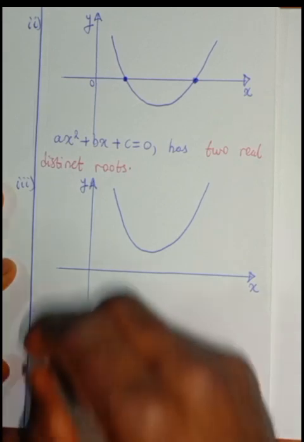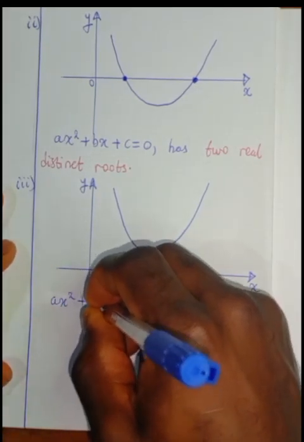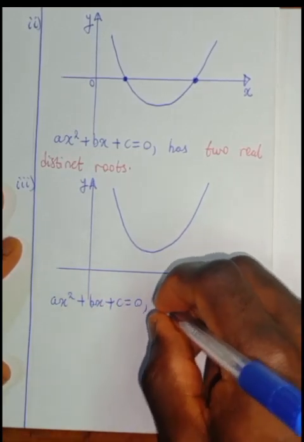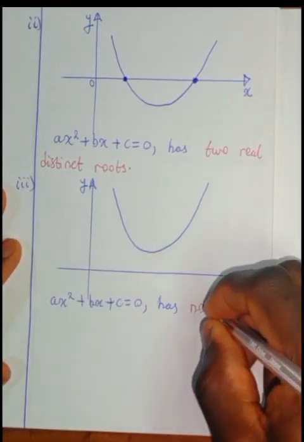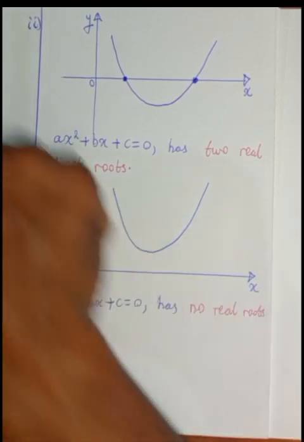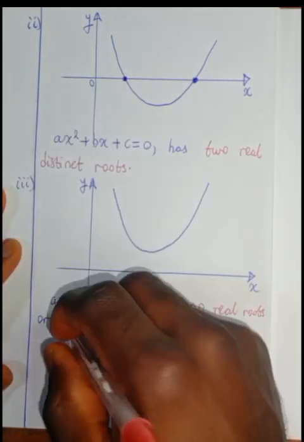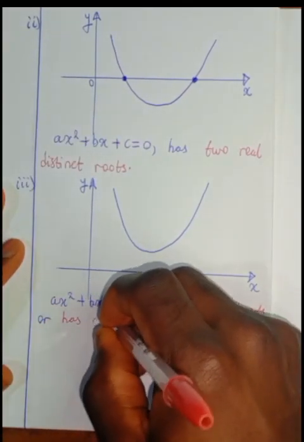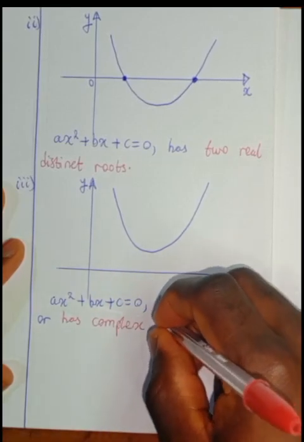In this case, we are going to say the quadratic equation ax squared plus bx plus c equal to 0 has no real roots, or has complex roots. We are going to see how to get the complex roots when we treat complex numbers.